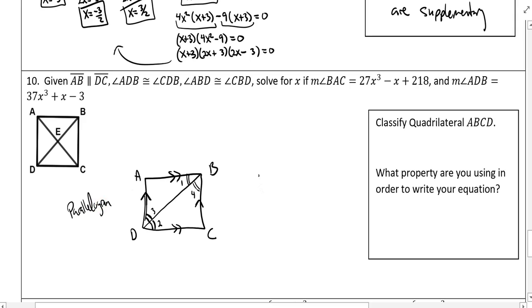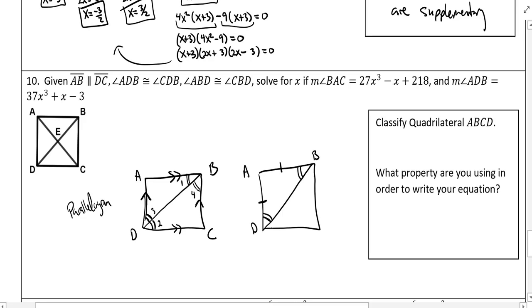Okay, now because we know it's a parallelogram, well, before we get to that, I just want to point out something. AD is going to be congruent to AB because in triangle DAB, the base angles are congruent, and by the converse of the isosceles triangle theorem, we get an isosceles triangle.